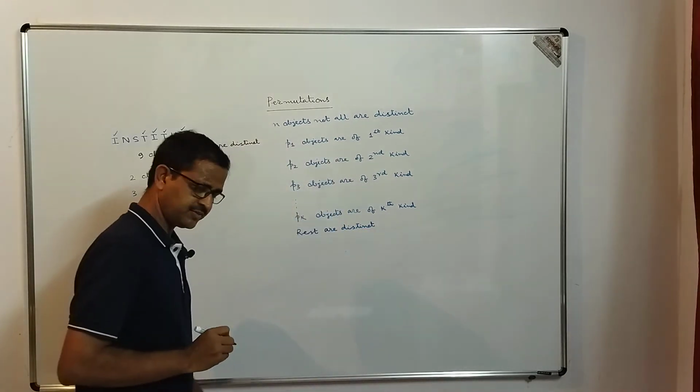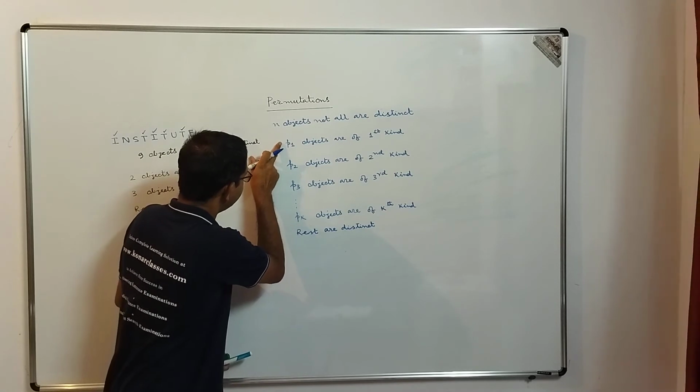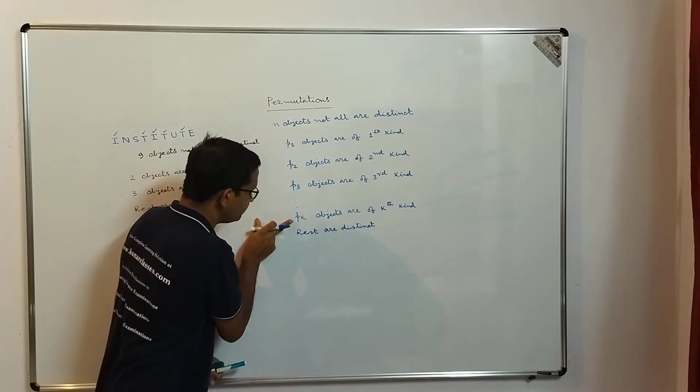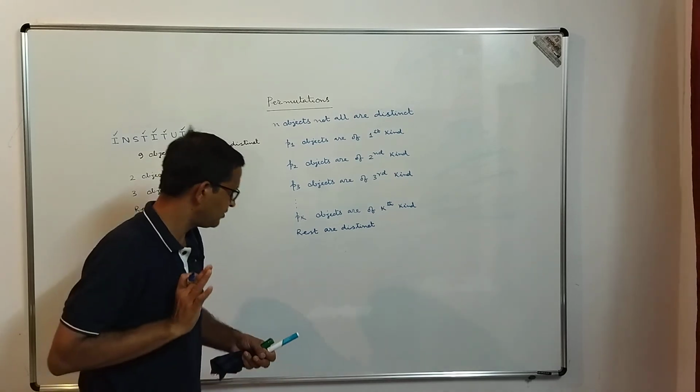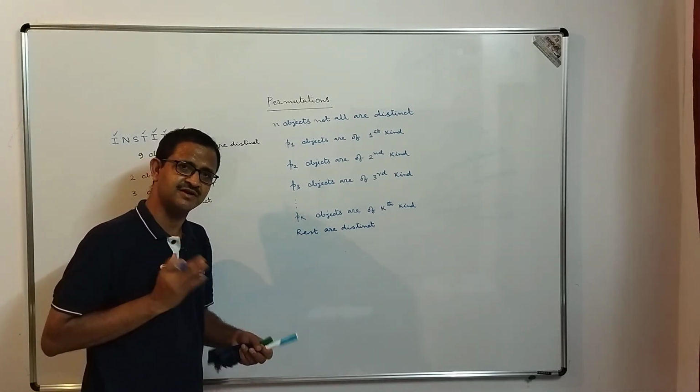It may be possible that after adding P1, P2, P3 up to Pk, we get n. It is sufficient, and there are no other distinct objects left.